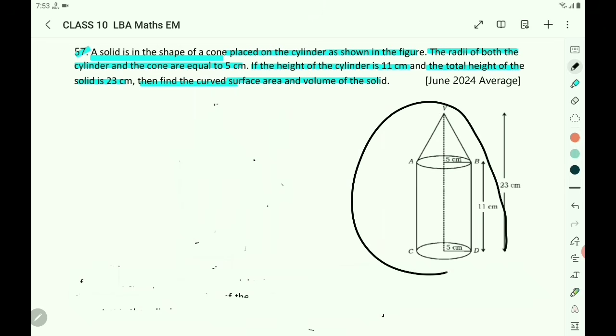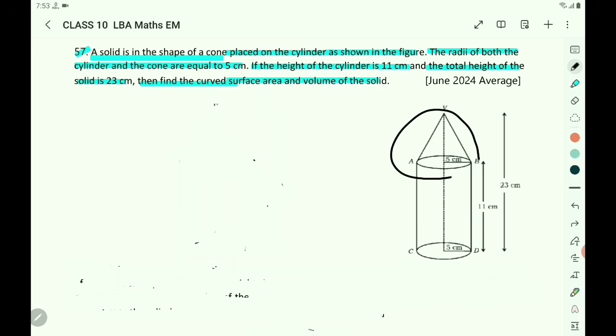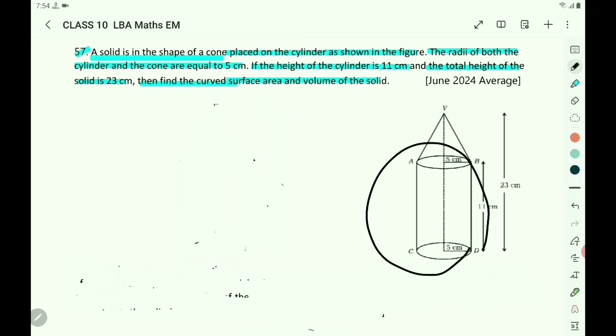Here you observe the figure of the solid. Upper portion is conical portion and the lower portion is cylindrical portion. Cone is placed on the cylinder.